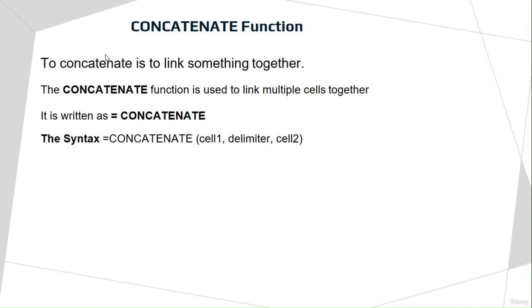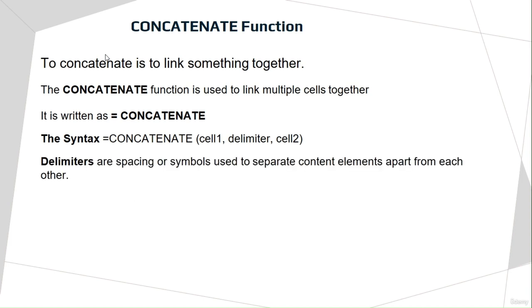The syntax for concatenate is equal to concatenate, in brackets, select the first cell. Now choose your preferred delimiter, then select the second cell to link them together. Delimiters are spacing or symbols used to separate content elements apart from each other.